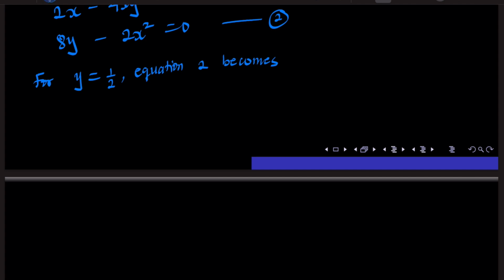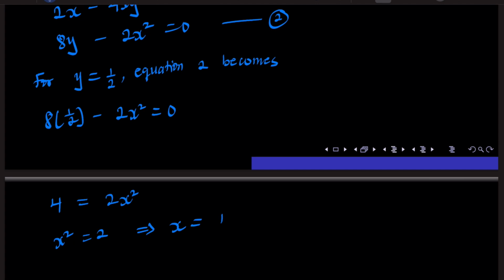When y is equal to 1/2, equation 2 will now become 8 multiplied by 1/2 minus 2x squared is equal to 0. So thus we're going to have 4 is equal to 2x squared. And thus x squared is equal to 2, implying that x is equal to plus or minus the square root of 2.